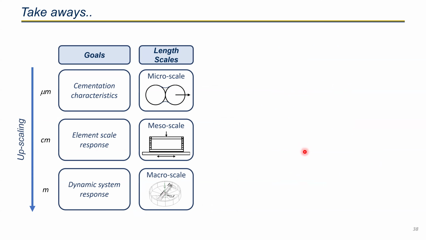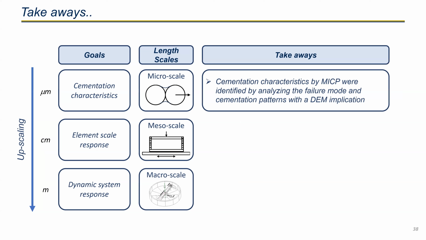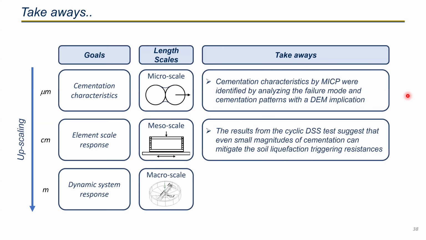So for the conclusion, these talks cover the effect of the biocementation on the liquefaction triggering at the different scales. From the particle level test, the cementation characteristics by MICP were identified by analyzing the failure mode and cementation patterns with a DEM implication.